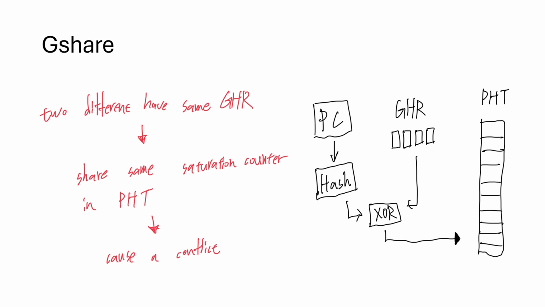In order to solve the problem, you can perform certain processing on the PC value and GHR, such as bit splitting and XOR, and use the processed result to address the PHT. So even if 2 different branch instructions correspond to the same GHR value, they will not correspond to the same saturation counter in the PHT, avoiding conflict.